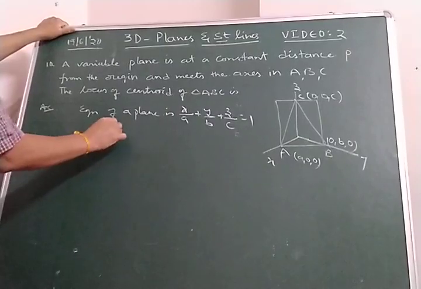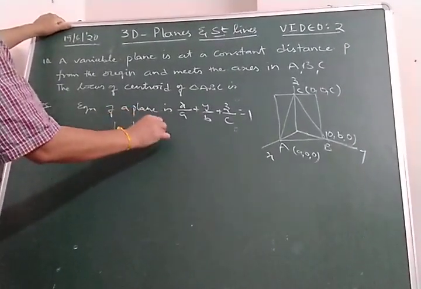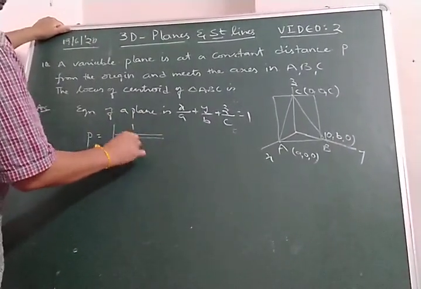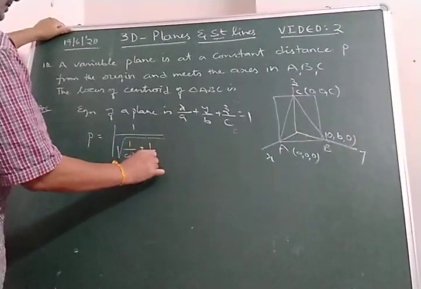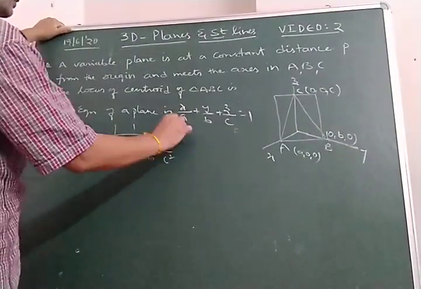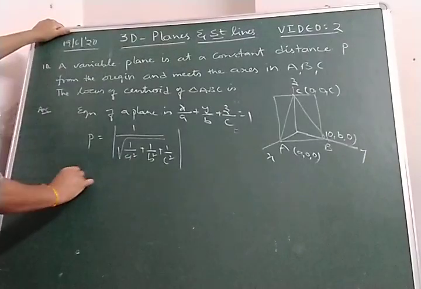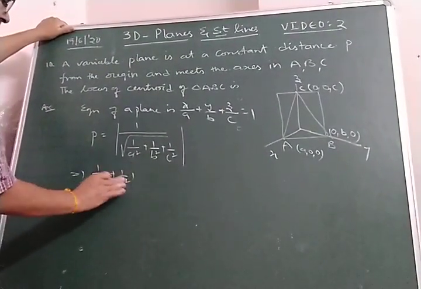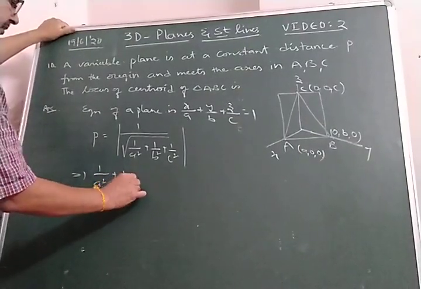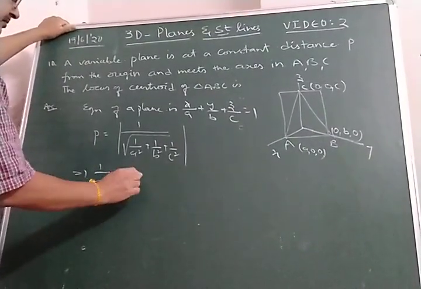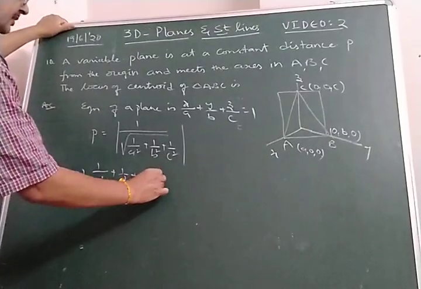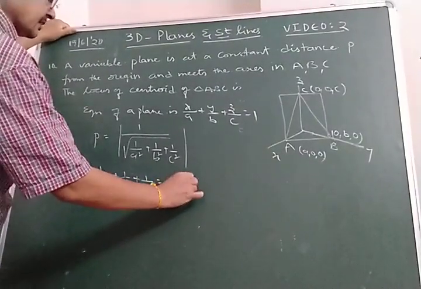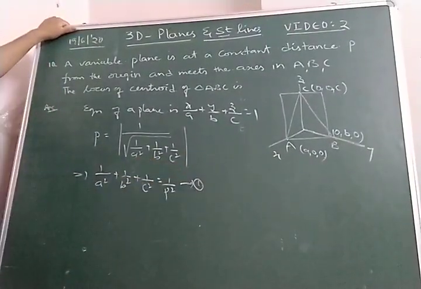So p is equal to modulus of 1 by square root of 1 by a square plus 1 by b square plus 1 by c square. So that implies 1 by a square plus 1 by b square plus 1 by c square is equal to 1 by p square. This is taken as equation number 1.